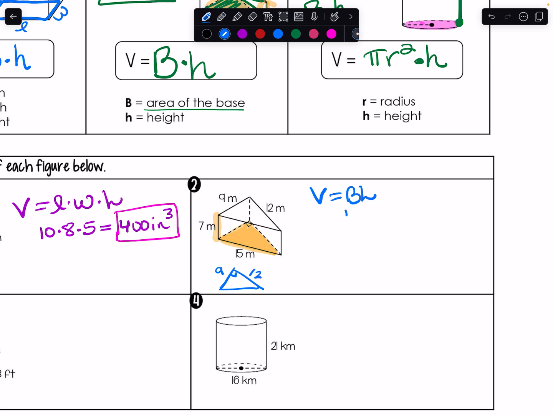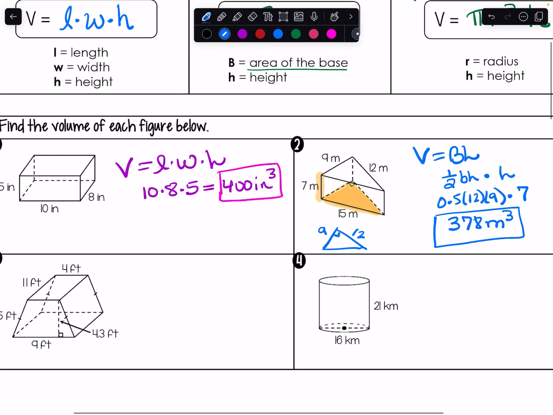So we're going to do 1/2 of the base times height because that's the triangle, and then the height of the whole thing. I'm going to do 0.5 times 12 times 9 times 7. Remember, you are allowed to use a calculator. However, I need to see your work, and what I'm writing right now is considered the work. This is going to be meters cubed.